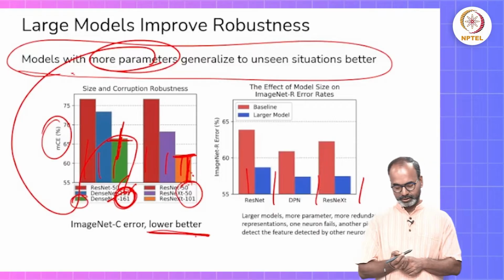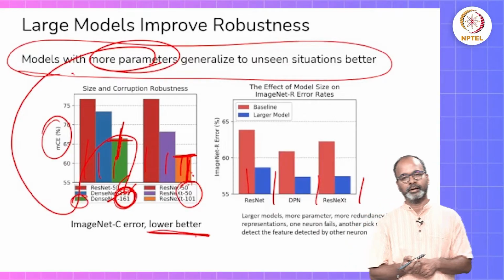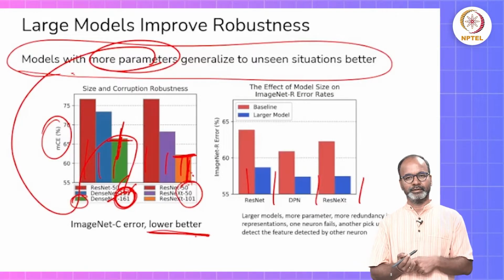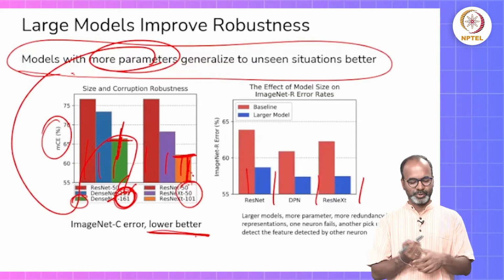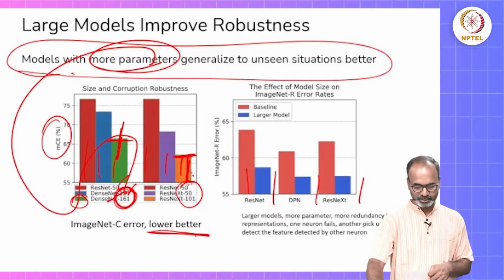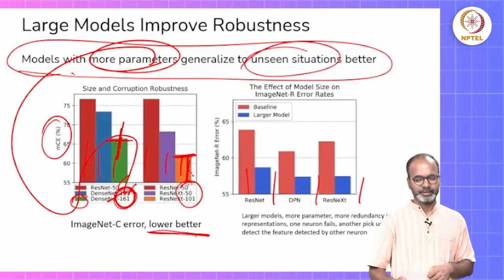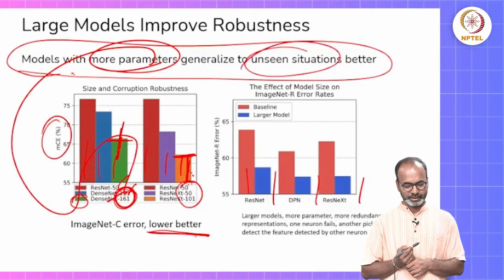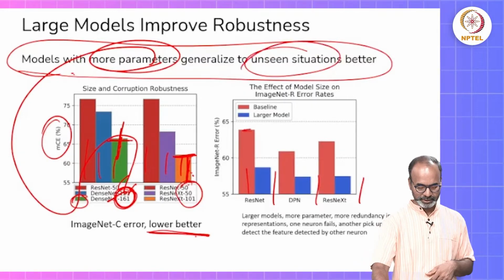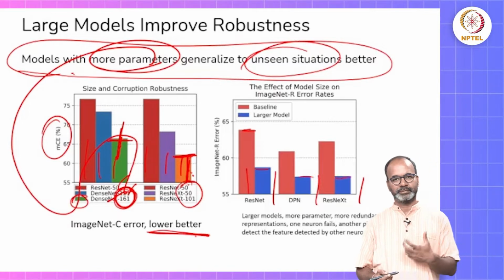If one neuron fails, another neuron will pick up the feature and be able to add to the inference that is being made by the model. That's why unseen situations are handled better if models have more parameters. Right? So the baseline models are here, the large models are here, and large models make less amount of error.